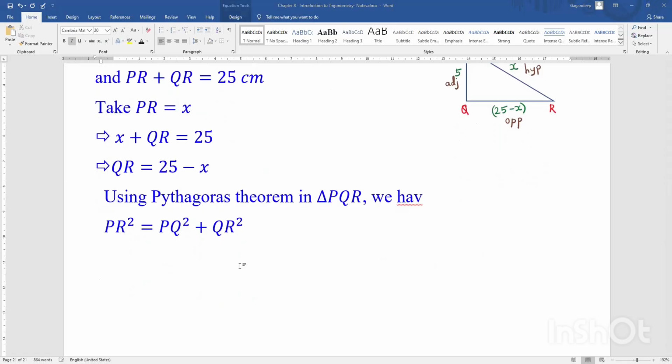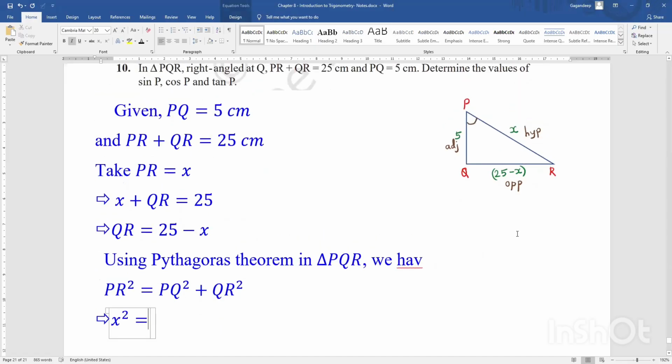Then I am going to substitute the values here. Okay. So we have PR square is X square equals to PQ square. PQ square is 5 square. So we can write it as 5 square plus QR square. So that is 25 minus X the whole square.